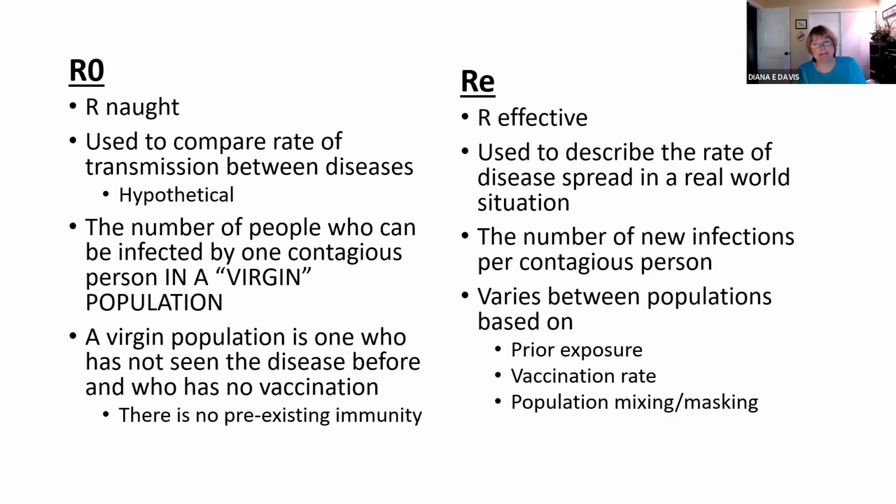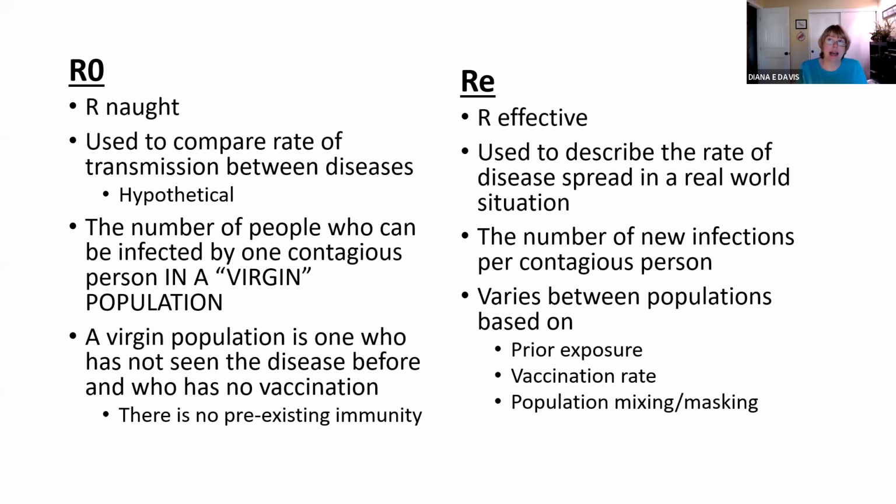When we last met, we explained the difference between R naught and R effective. Remember that R naught is a hypothetical value and is used to compare rates of transmission between different diseases. R effective describes the rate of disease spread in real world situations. And so the R effective can be different in different populations for the same disease.